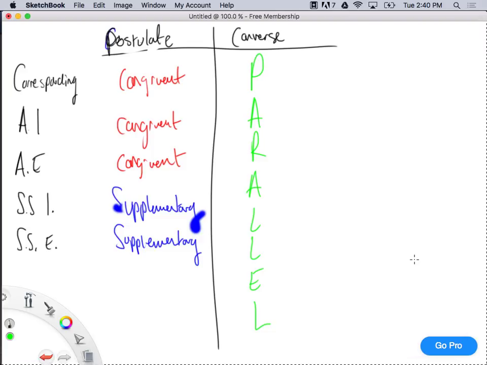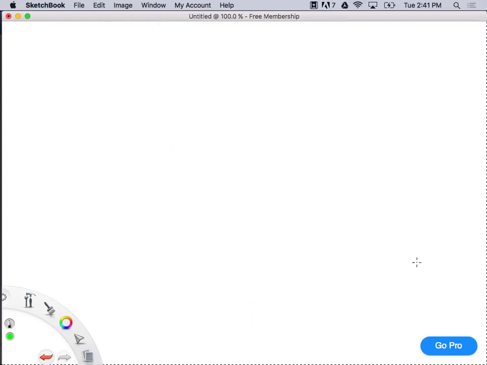If these are supplementary, then the lines are parallel. The converse is proving the lines are parallel. It's just a math word.